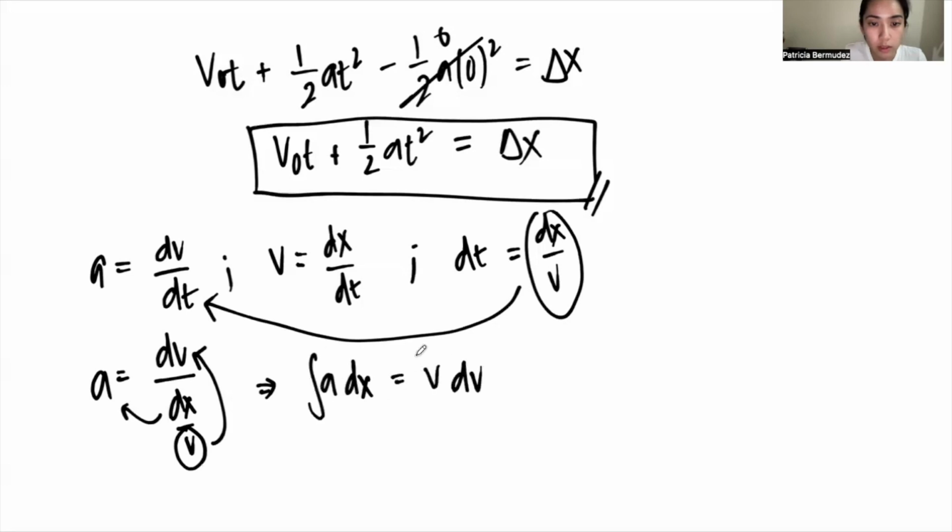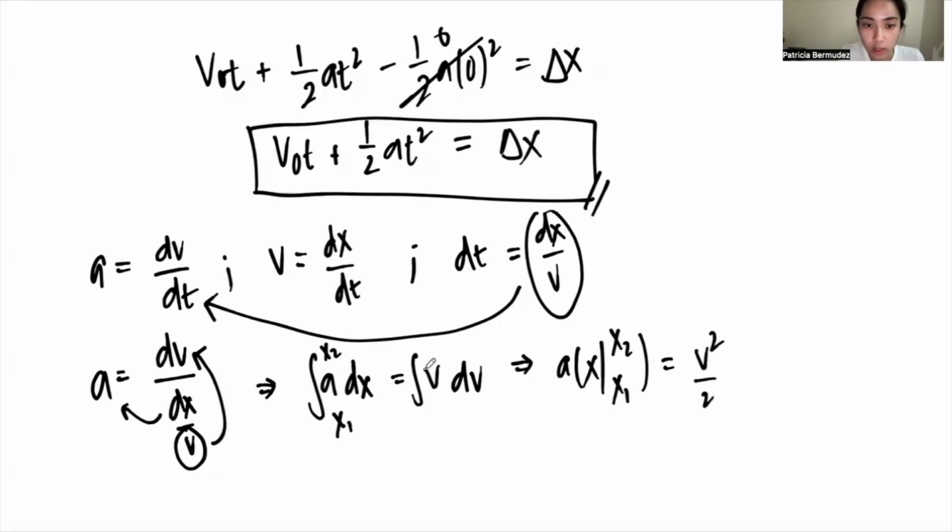So integrating this, we will have a times the integral of dx bound from x1 to x2. And then that is equals to this one, the integral of v dv, which is actually v squared over 2. And then this is bound from v naught to the final velocity v.